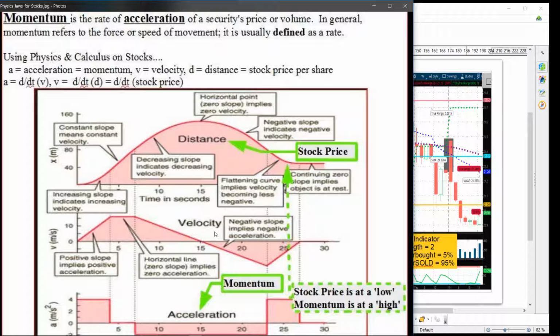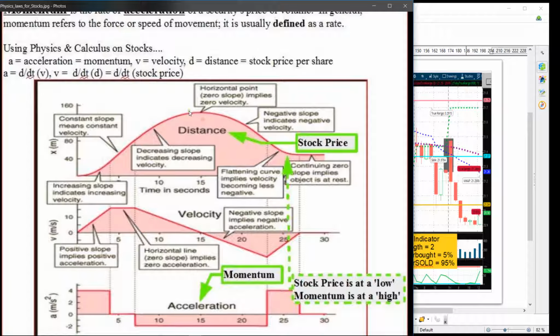So the bottom line is you want to find out when the peak of the price is. In other words, the distance right here is a corollary to the price of the stock. That's when you would sell high, so you'd sell here. So you look at the acceleration chart, and you follow the line up.